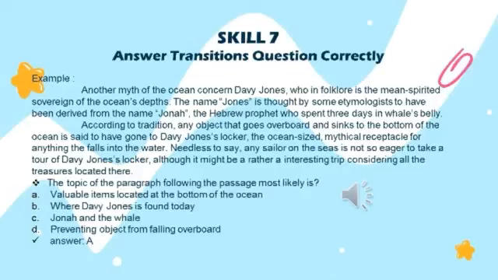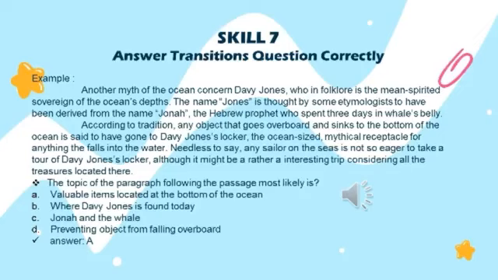Okay, next, skill 7. Answer translation question correctly. Now, I will explain to you tips for answering the translation question correctly. The first tip is how to identify the question. What is the most likely topic in the paragraph preceding the passage, and what is the most likely topic in the paragraph following the passage.